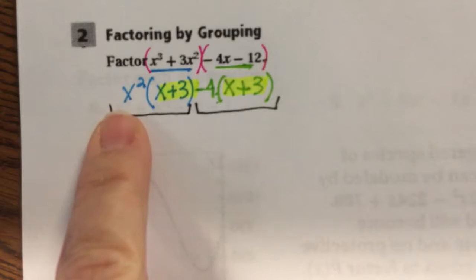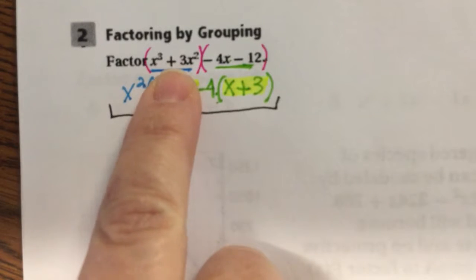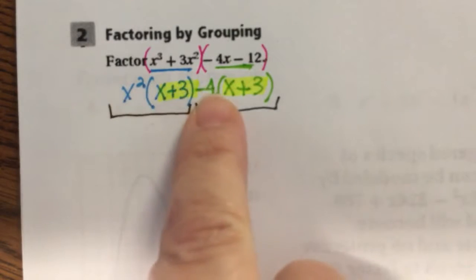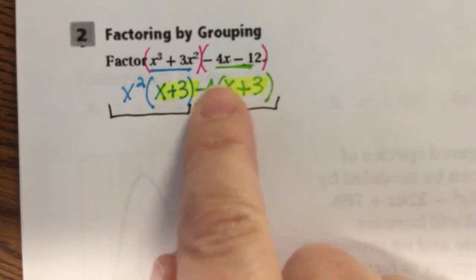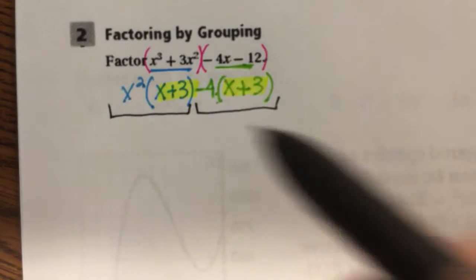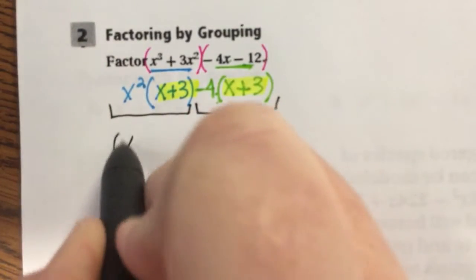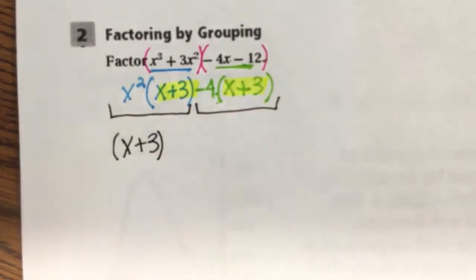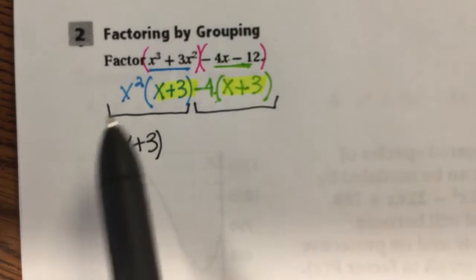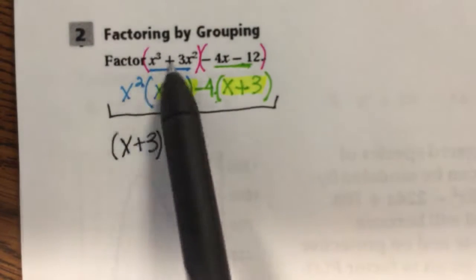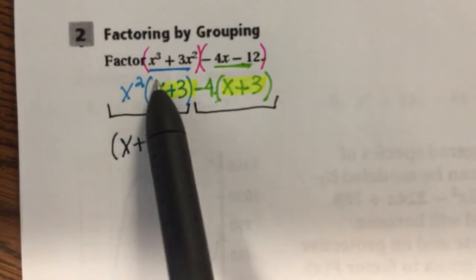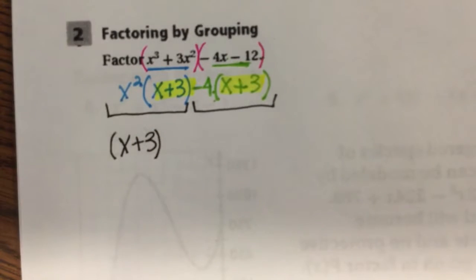And just like here, when we saw that the x squared was common, we pulled it out front. Here we saw the negative 4 was common, so we pulled it out front. We're going to do the same thing. We're going to pull out the x plus 3 because it is common. When we took these out front, we used parentheses to see what was left.